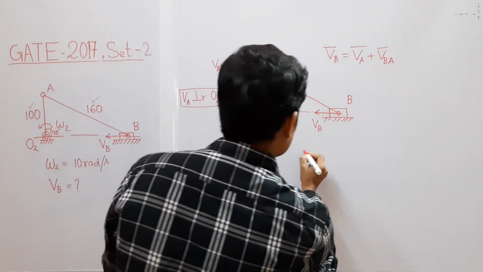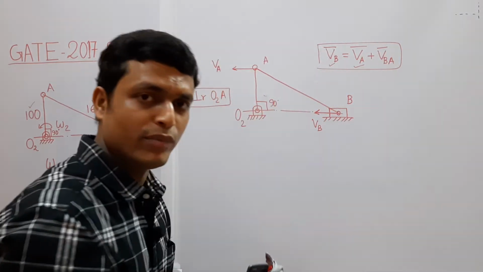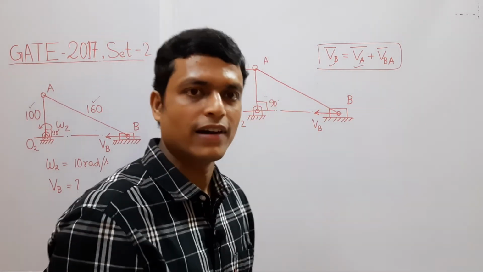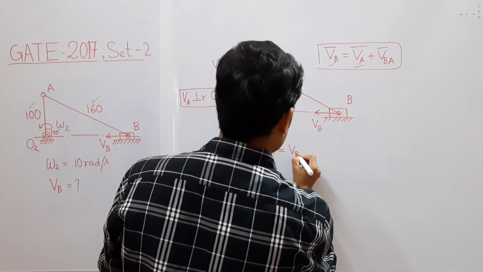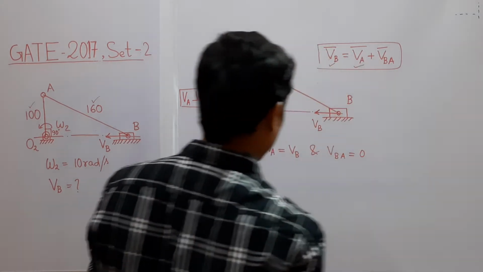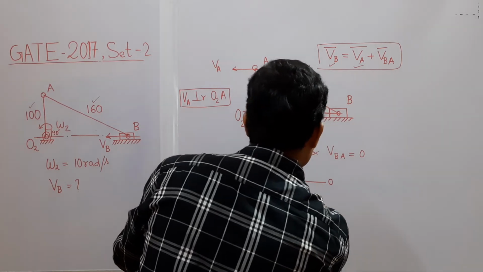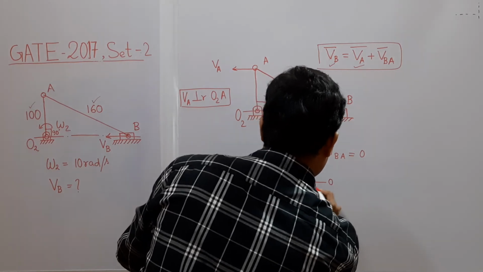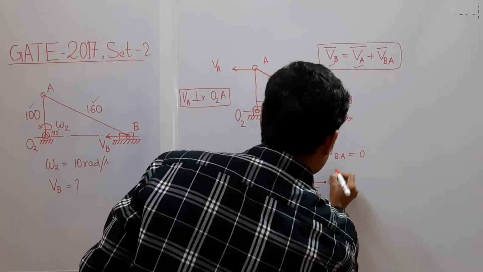So here if VA and VB are in the same direction, then this vector equation will be satisfied only when VA is equal with VB and VBA is equal to 0. So the velocity diagram becomes a line, as VBA is 0.